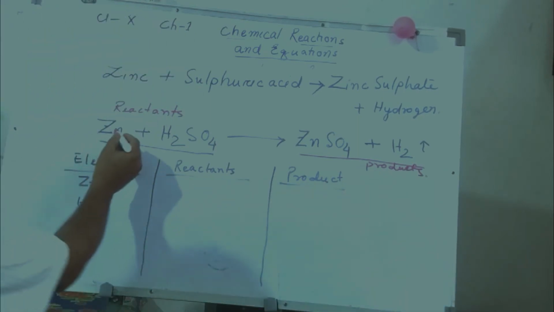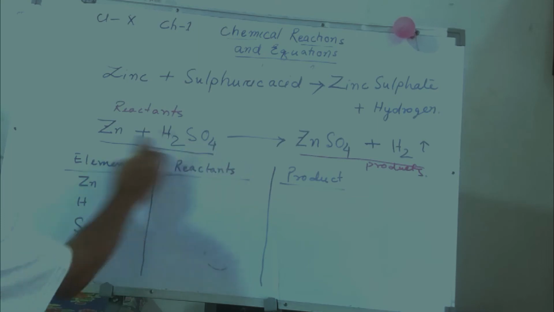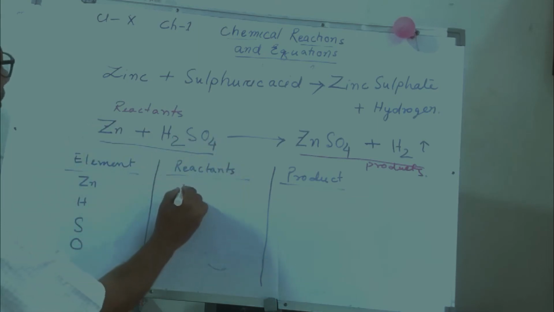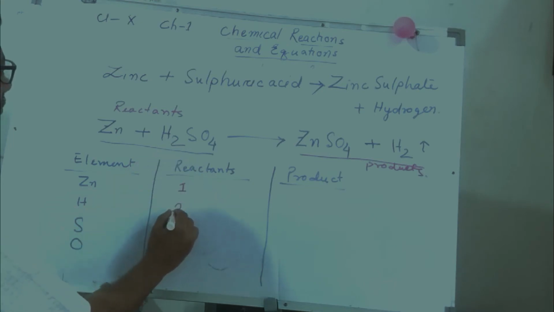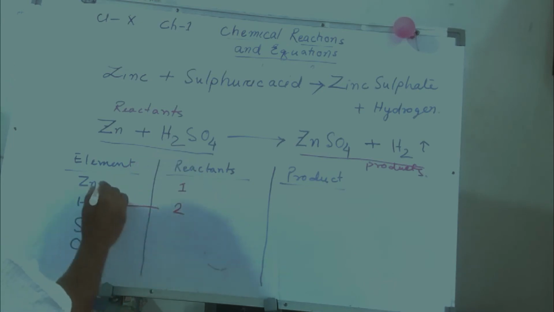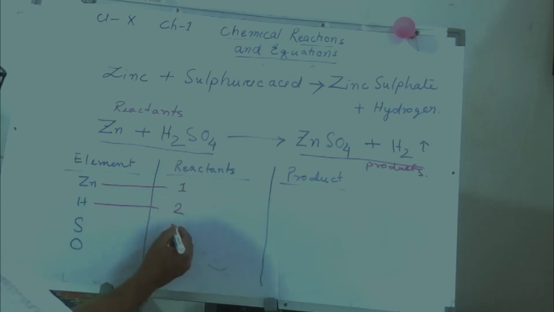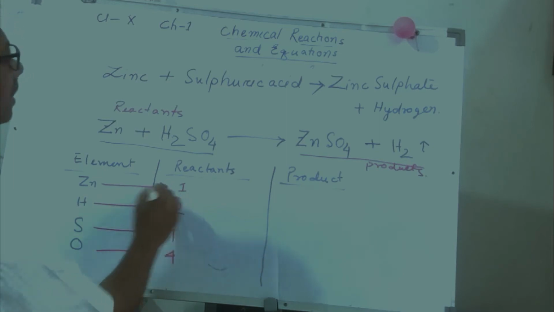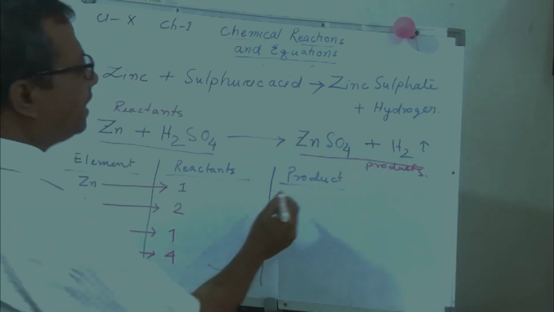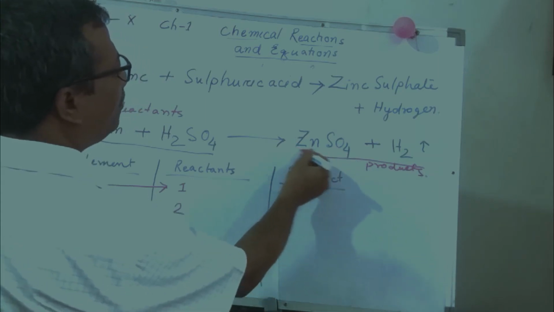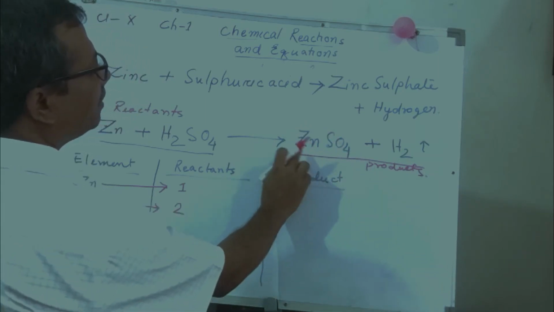So how many zinc atoms are there in the reactant? There is only 1. How many hydrogen? 2. Zinc is 1. Sulfur is 1. Oxygen is 4. And on the other side, on the right hand side, the products are there. Now see how many atoms of zinc are there?